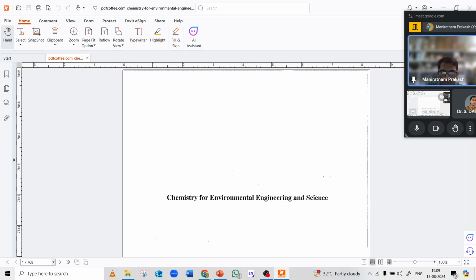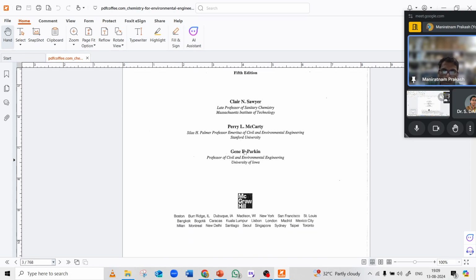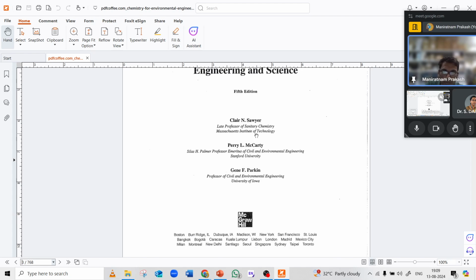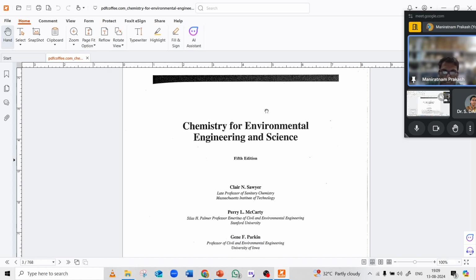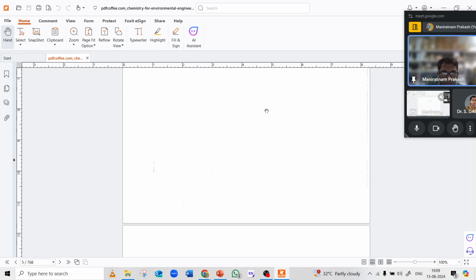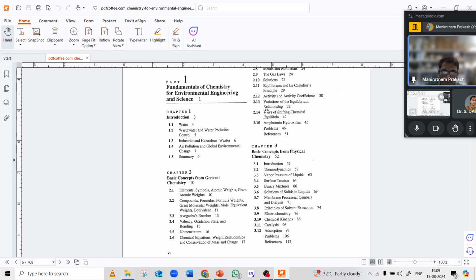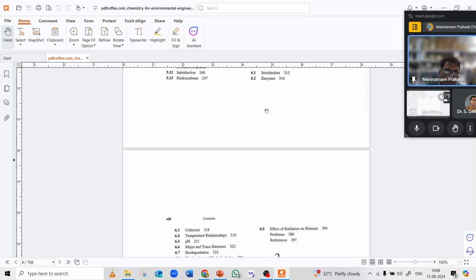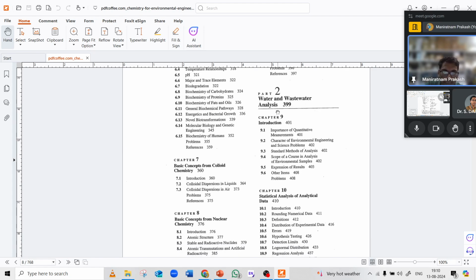It is Chemistry for Environmental Engineering and Science by Sawyer and McCarty. You can download this book, it is available online. It has discussed each and every parameter in a very detailed way. This is a very basic book for knowing the different parameters related to water and wastewater.